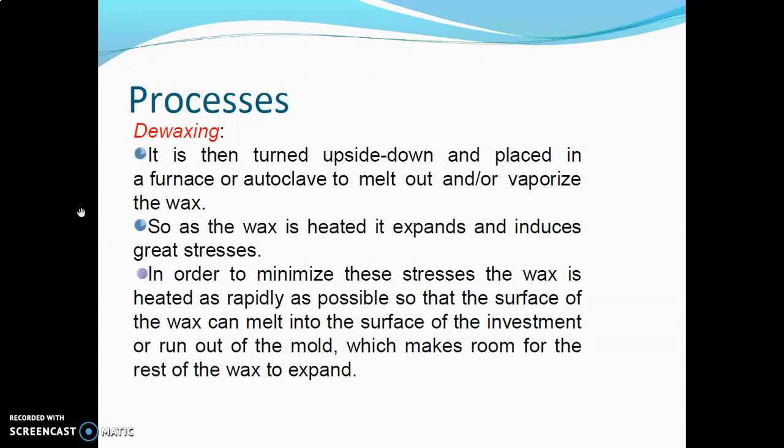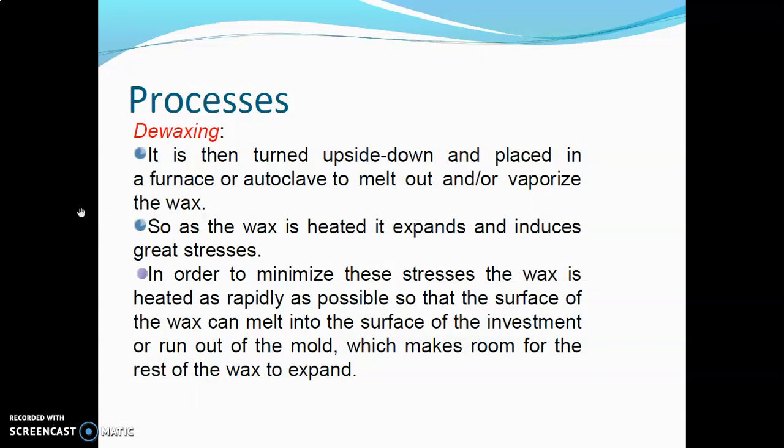Now dewaxing. The mold is turned upside down and placed in a furnace or autoclave to melt the outer wax and vaporize it. As the wax is heated, it expands and induces great stresses.